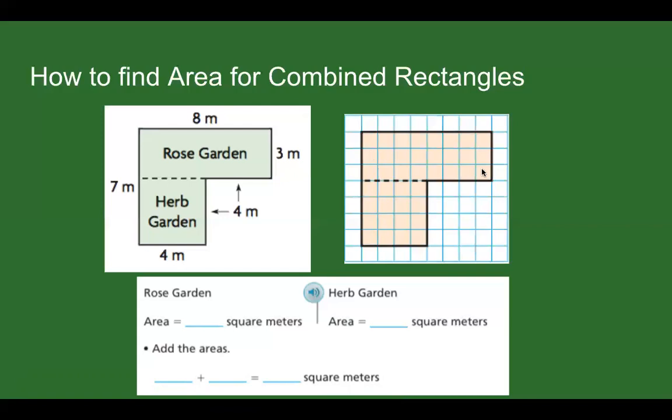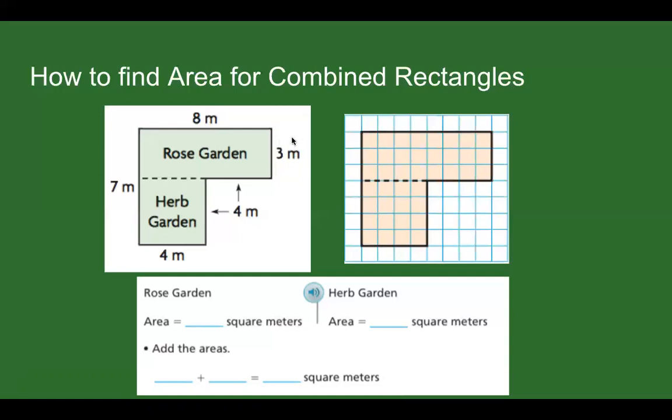But for us being fourth graders, and me wanting to challenge you, I'd rather you use the multiplication strategy, especially because you don't always have grid paper to count. If you do, you can sit there and count every single square, but the quicker way would be multiplication. We learned in a previous lesson that to find the area, we can multiply one side by the other side.